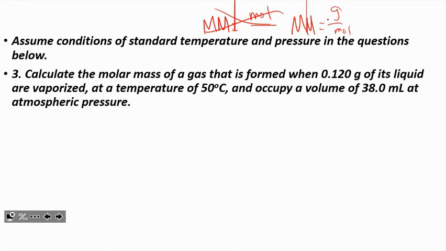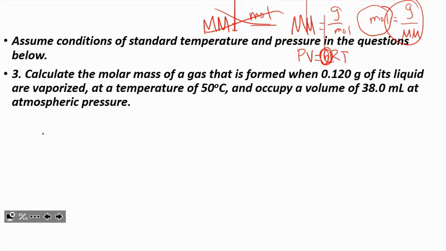So if we wanted to solve for molar mass, we could get rid of our moles here, because our moles equals grams over molar mass. So now in place of our moles in the PV equals nRT formula, we can replace this n with this and then solve for molar mass.